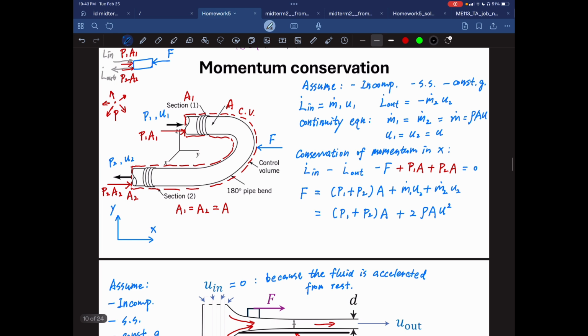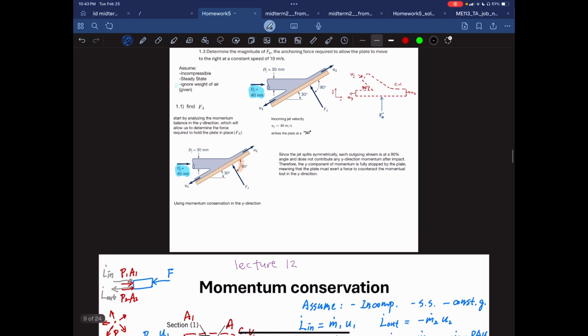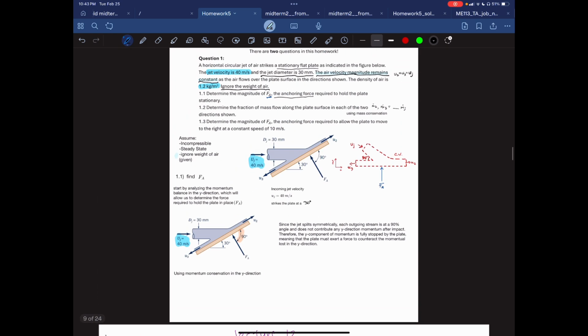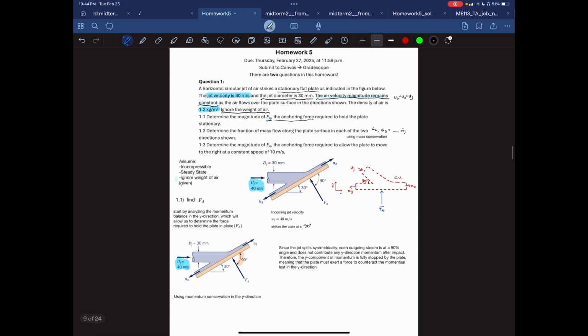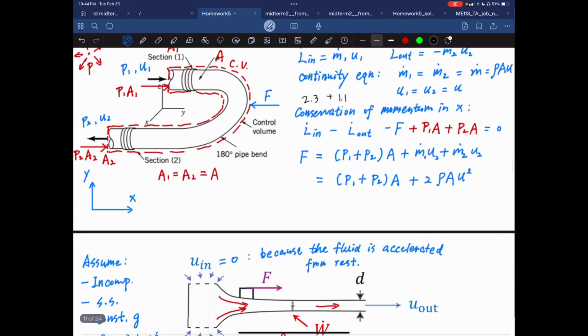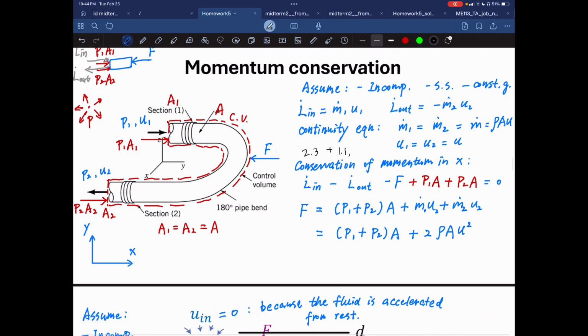You'll be needing this for question 2 as well, 2.3 actually, and question 1, I think 1.1, and yep, okay, and 1.2.